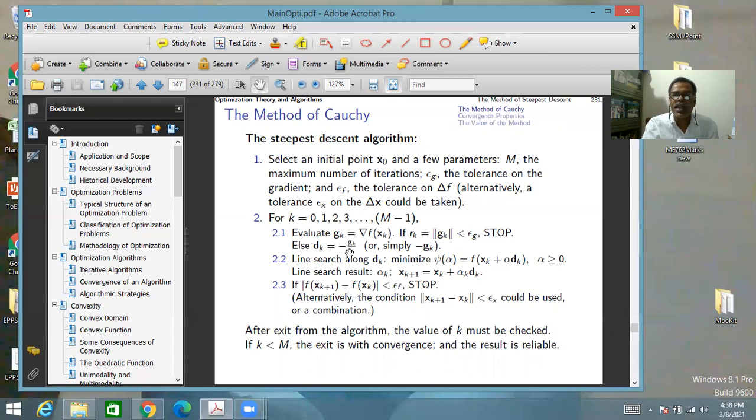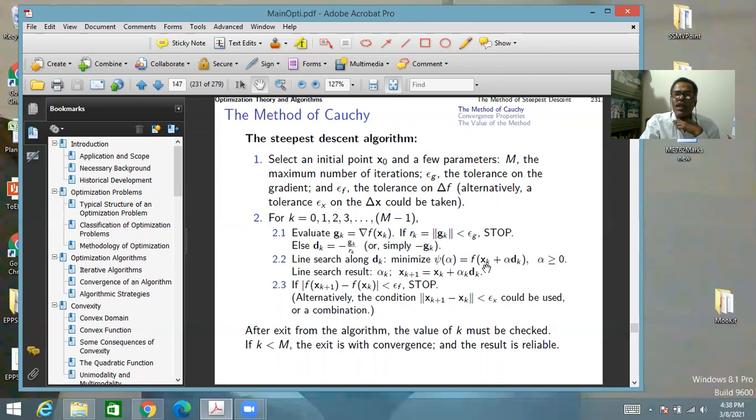If you take the normalized negative, then the direction vector will be a unit vector. Otherwise, it will have the magnitude of the gradient. It's all right, you can do that. After selecting the direction as this normalized version or the full, you conduct a line search by whatever method you choose, golden section or whatever.